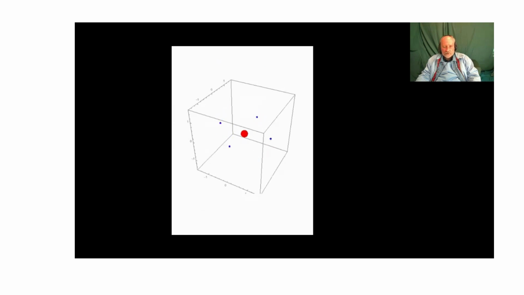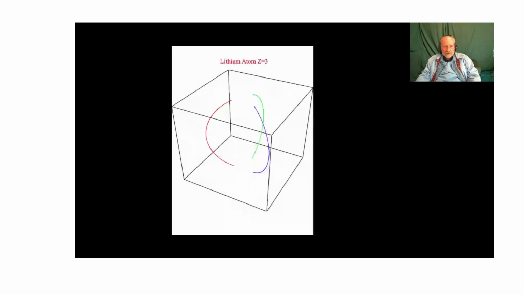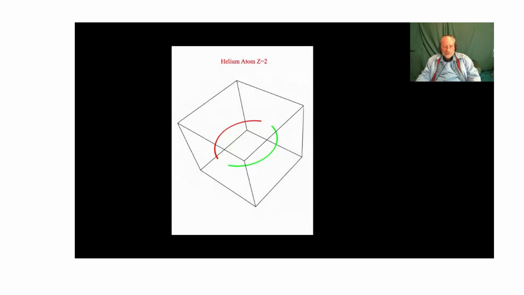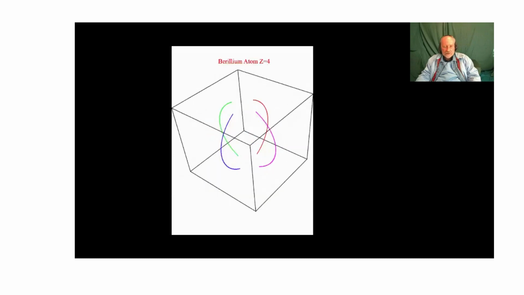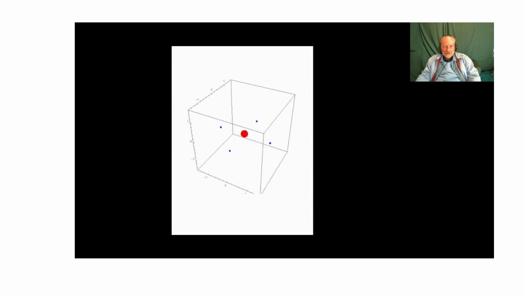You see trajectories starting from here. If you see the movie, something was not clear: you can see that they are preserving the square shape. They are on a square, and the plane of the square is oscillating, and the nucleus is passing through, like through the Stargate.